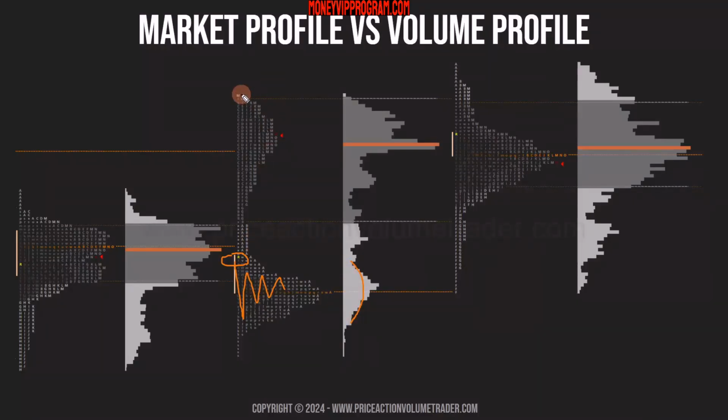But then as we got near the end of the day and closed right here, our point of control shifted up into this area because we had a lot of traded volumes near the close of this trading session. Even though we spent the most amount of time at this price level, so the TPO point of control is down here, the actual volume profile point of control happened at this price level on top.